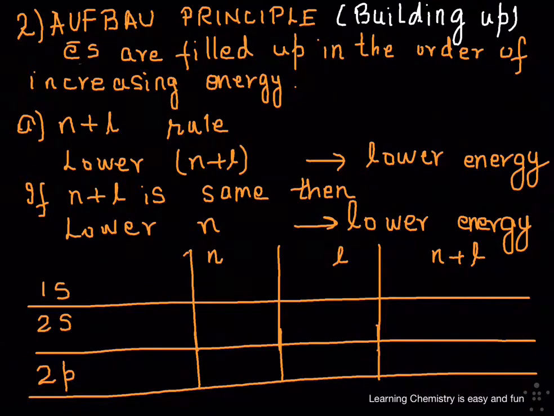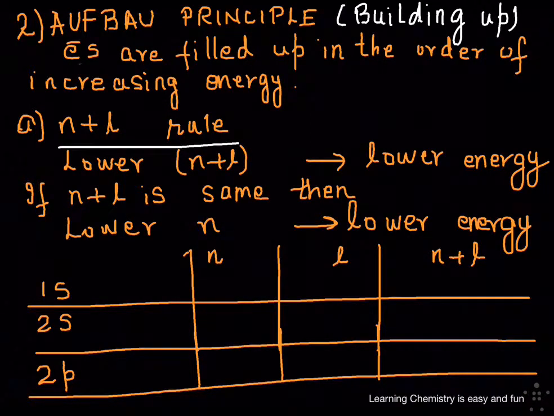The Aufbau principle says electrons are filled up in the order of increasing energy. How do I decide what orbitals have higher energy and what will have lower? This is first stated on the basis of the n plus L rule, which says that any orbital having the lower value of n plus L will have lower energy.